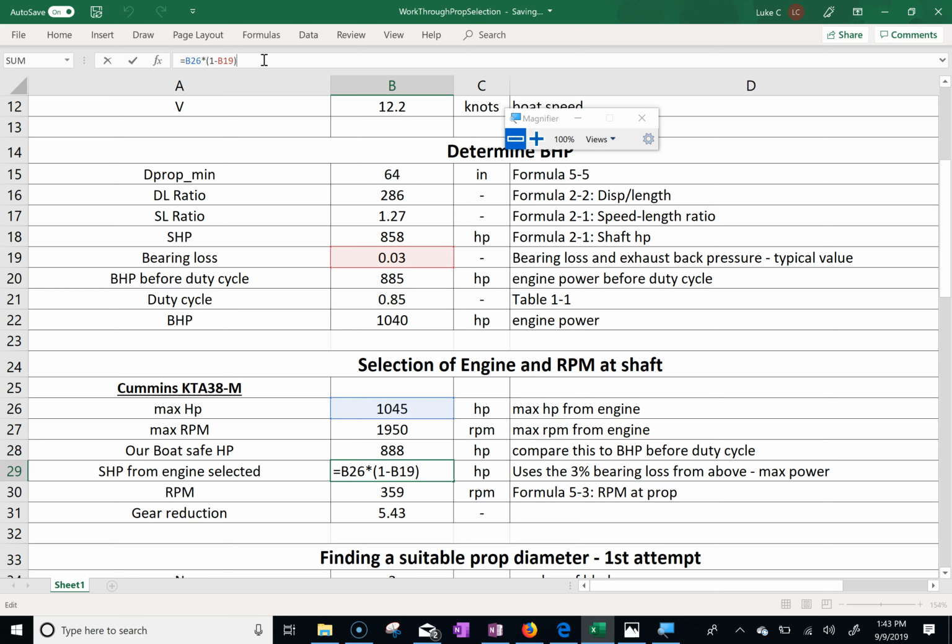And then this next one is kind of looking at the 3% bearing loss.